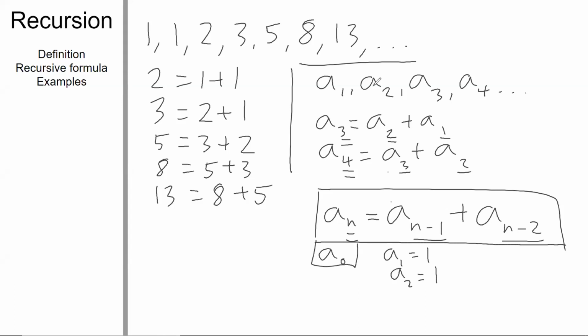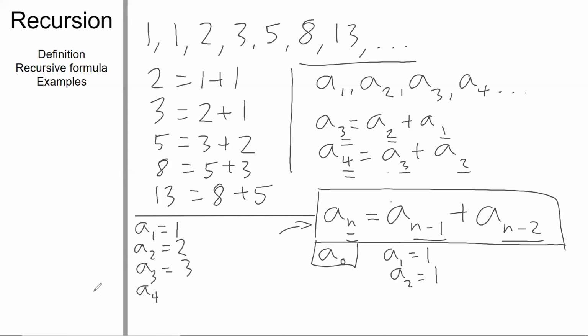And you see that if we had started with different starting terms, like if I gave you the same formula, except that A1 was equal to 1 and A2 was equal to 2, then that would produce a different sequence. For example, A3 is equal to 1 plus 2, which is 3.